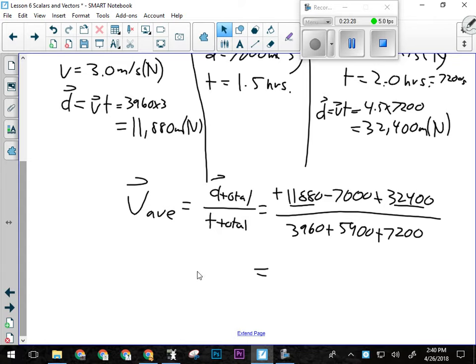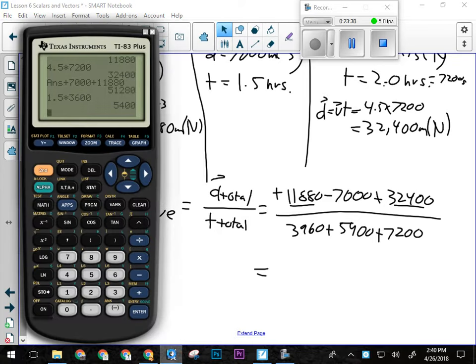All right, so when I do this calculation, okay, I'm going to have on the top 11,880 minus 7,000 plus 32,400 divided by the bottom, okay, which is 3,960 plus 5,400 plus 7,200.